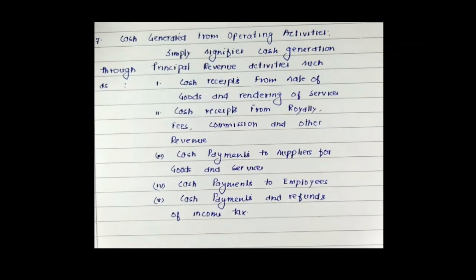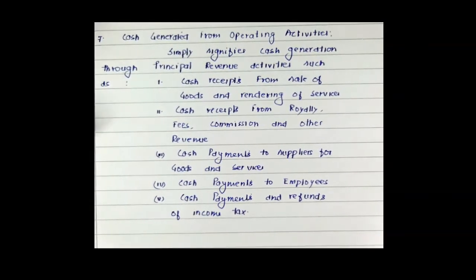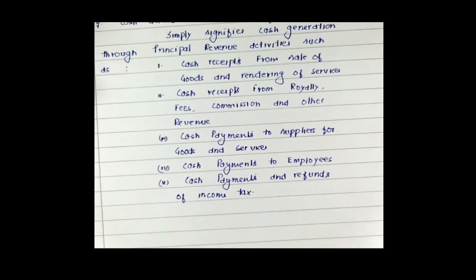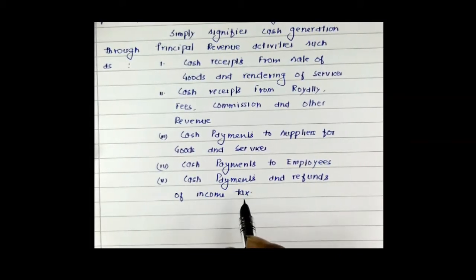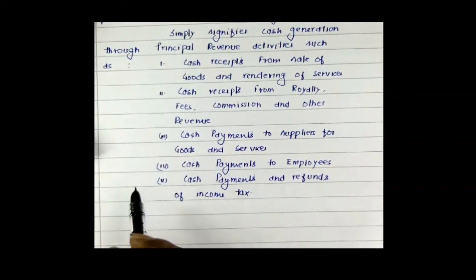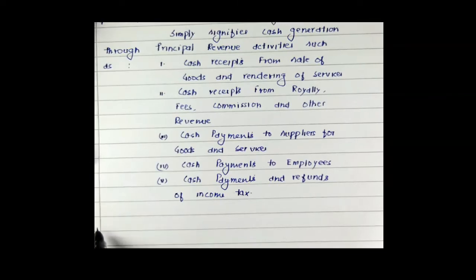So generally these are normal principal revenue generating activities. So whatever cash we receive from such activities is nothing but cash generated from operating activities.